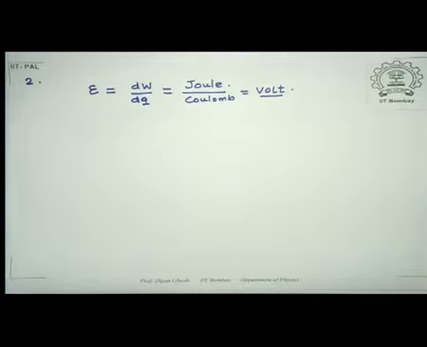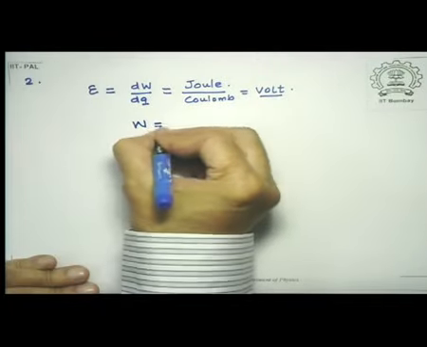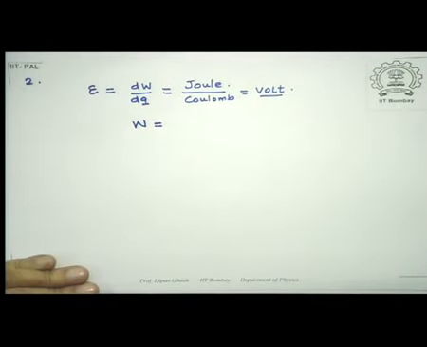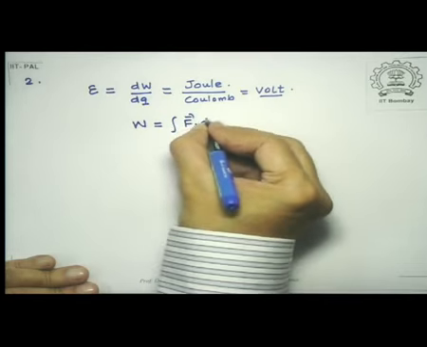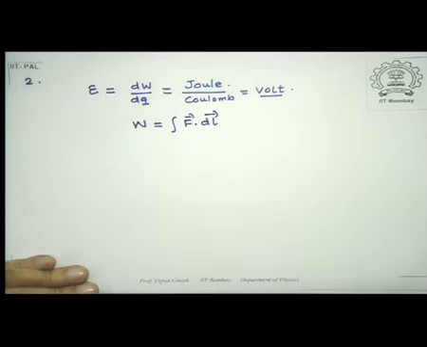Now, if you look at this definition, there is another thing that becomes clear, that since I know that the work in taking a charge by a vector distance dl is given like F dot dl. This is just the standard definition of work in terms of the force. F dot dl, F is the force.